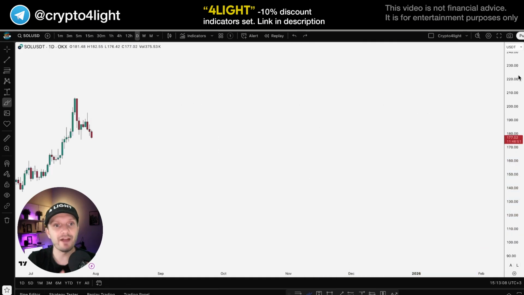That's why if you invest in a token on the spot, you only have one way to make a profit, only if the market goes up. But on the futures market, you can open a long position or a short position. If you go long, you're buying an asset expecting the price to go up.